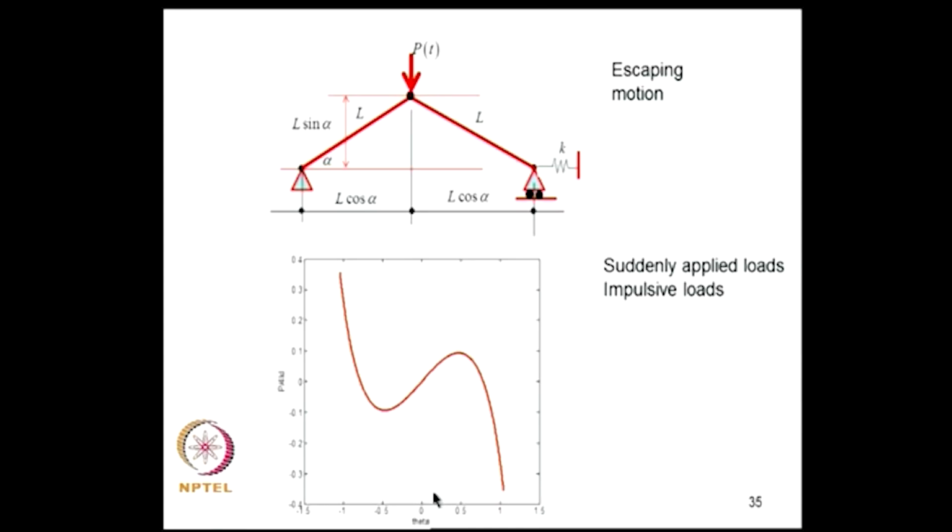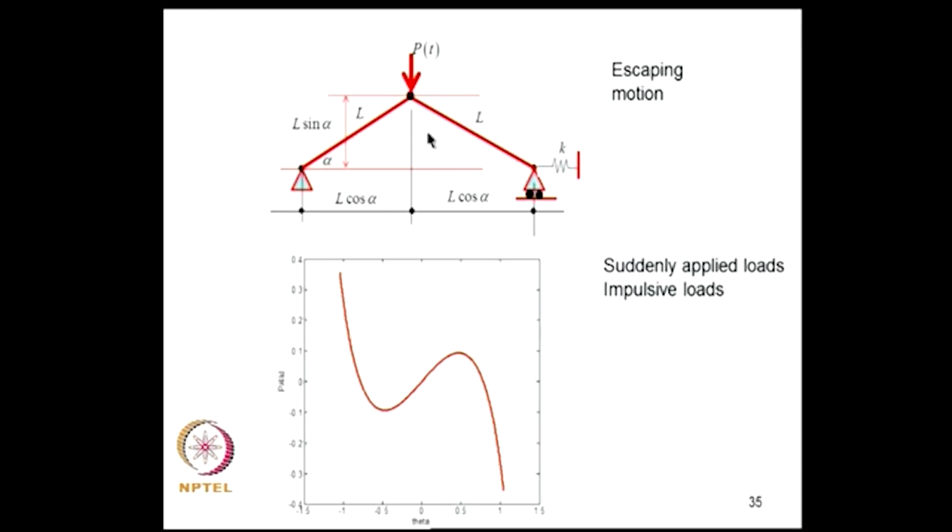See, for example, we have studied this problem of snap through under constant load. When P of t was P, we found that this has a load deflection path and there is a snap through and things like that. Now, suppose snap through occurs at some P equal to P critical. If instead of applying P slowly, I apply it suddenly, then you can easily imagine that there is room for dynamic amplification of the response, because the load is applied suddenly and the response can shoot up.